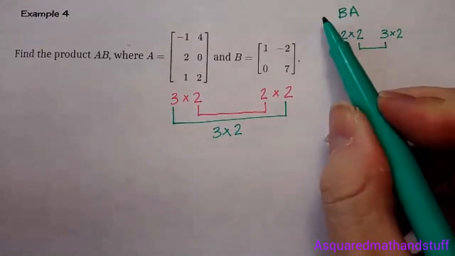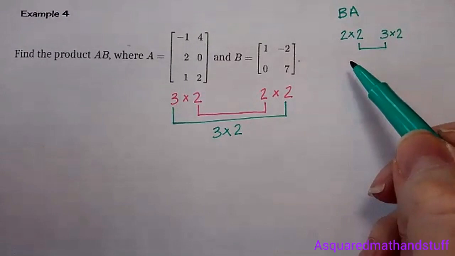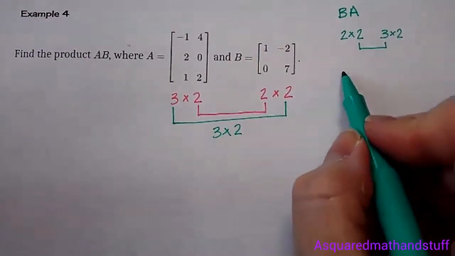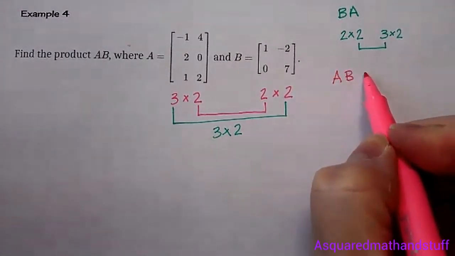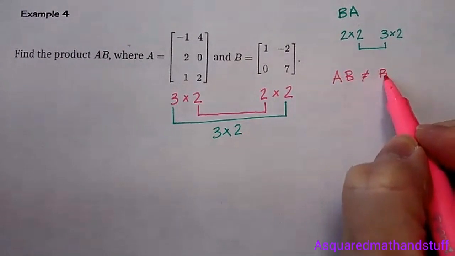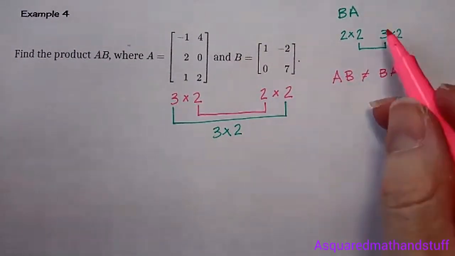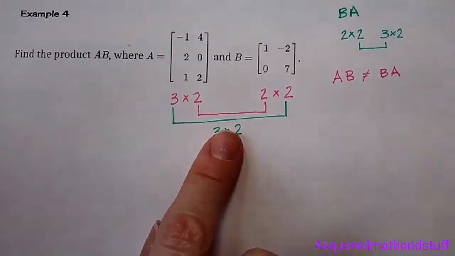So had we been told to multiply B times A, it would not be possible, but we are able to multiply A times B. So just be aware that A times B in the matrix world does not equal B times A like it does in the multiplication world. So be very careful with that. All right, let's get back to this.